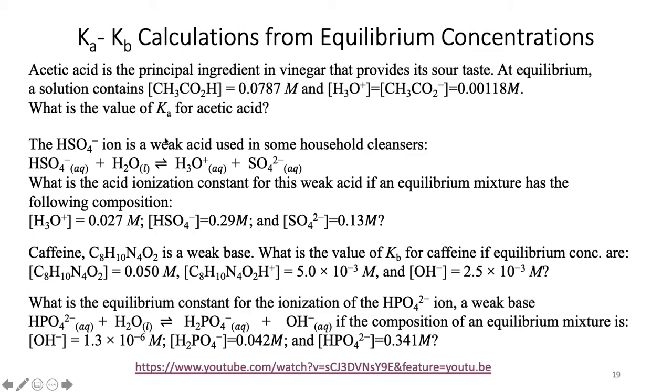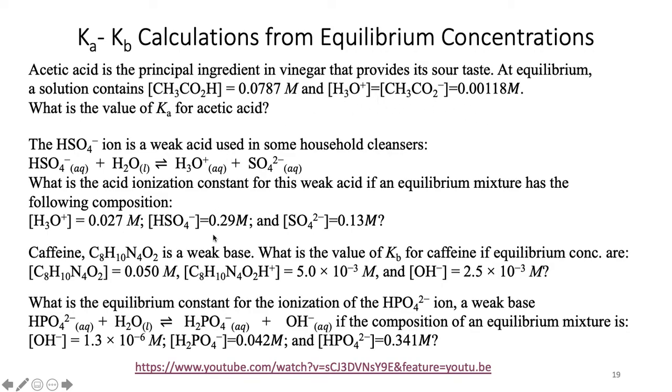These problems, the Ka and Kb calculations from equilibrium concentrations, are calculations that we're going to do if we are given molar concentrations for each of the species, and then we're asked to figure out a Ka value for some of these. I think all of these are Ka, and the last two are Kb values.